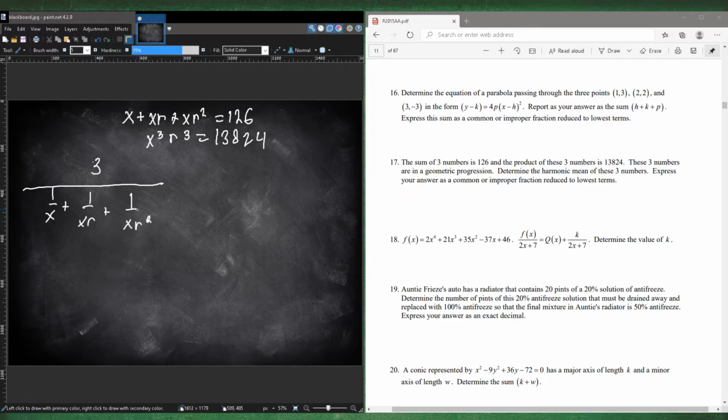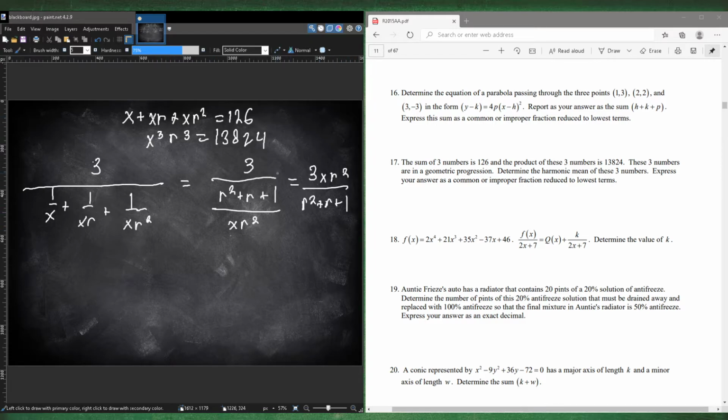So this simplifies to 3 over, r squared plus r plus 1, over xr squared, which also simplifies to 3xr squared divided by r squared plus r plus 1.